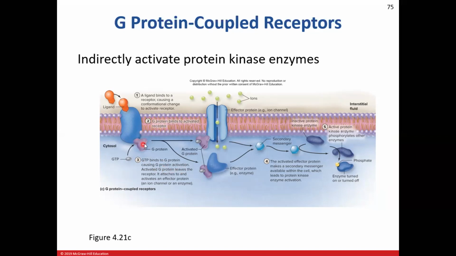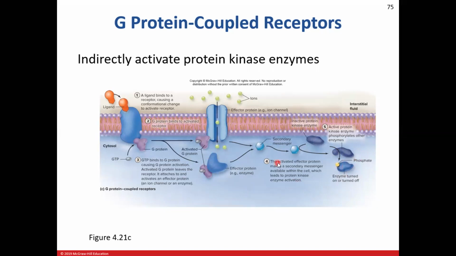So now this activated G protein moves over, and now it can actually cause an opening of a channel, or it can come down here and it can cause an effector protein to become activated, and it can stimulate a second messenger. That second messenger is going to come over here, and it's going to activate this particular kinase enzyme, which now can do the same thing that our previous receptor just did in the previous slide, and now it can turn on or off a different enzyme.